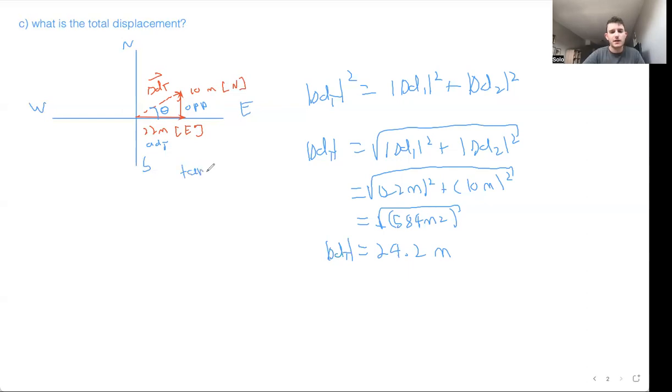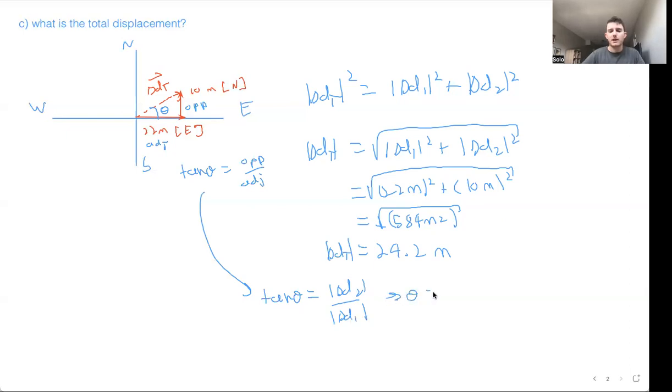So here, tan of theta is equal to the opposite over the adjacent, which in our case I'll write down here. So tan theta is equal to the magnitude of delta d2 over the magnitude of delta d1.